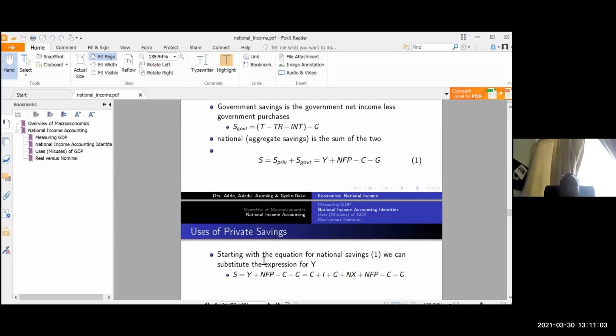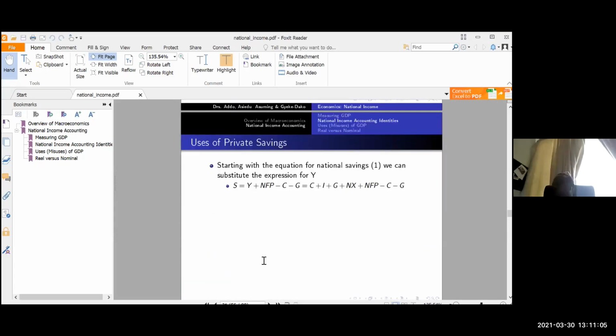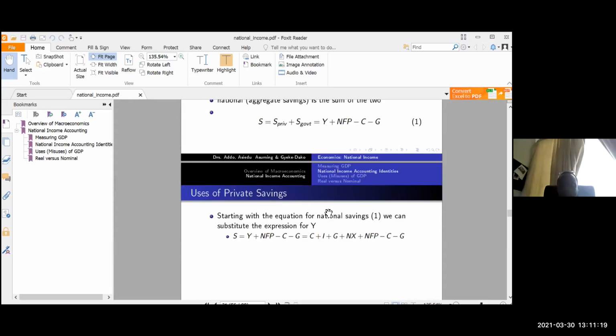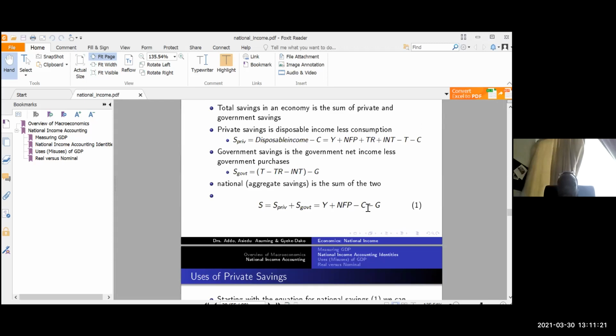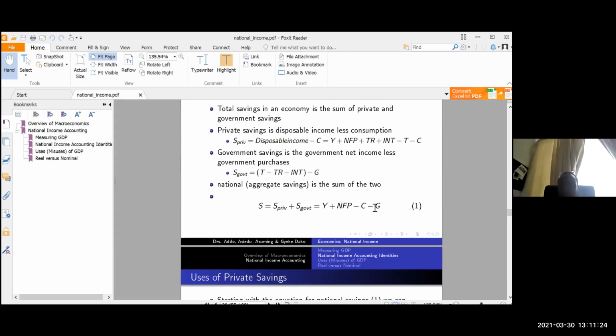All right, uses of private savings. What do we use private savings for? Starting with the equation for national savings, we can substitute the expression for Y. So I'll rework this whole equation. We know total savings is Y plus NFP minus consumption minus government spending.